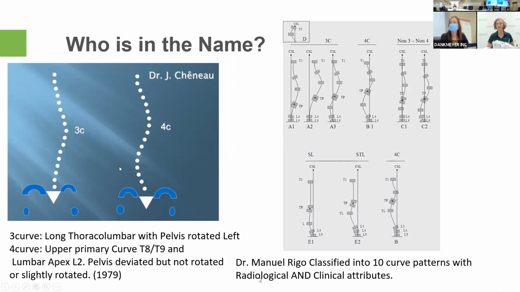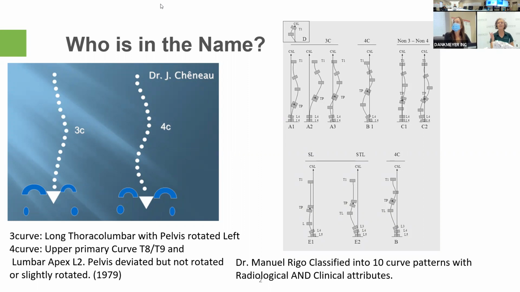So that's where Dr. Cheneau began, 1979. Then Dr. Manuel Rigo began to work with him and put together this classification system that you'll see on the right side. That was published by him to share with our field in 2010. The nice thing about him having classifications is he didn't just do it by an X-ray.